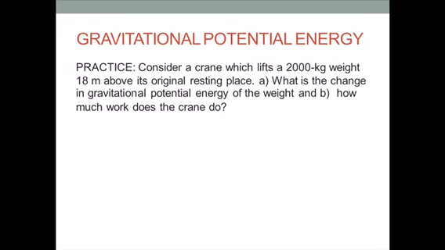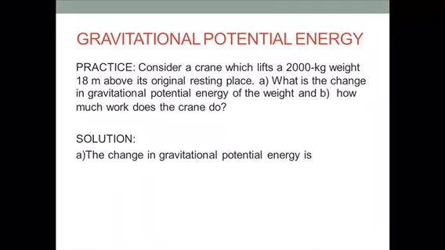So let's practice. Consider a crane which lifts a 2,000 kilogram weight 18 meters above its original resting place. First, what is the change in gravitational potential energy of the weight, and how much work does the crane do? So let's solve A first.